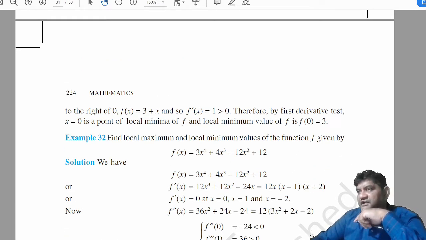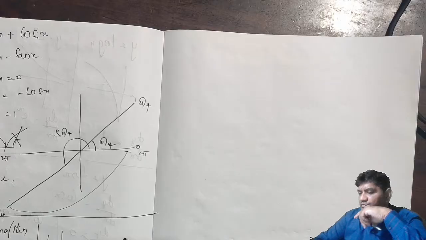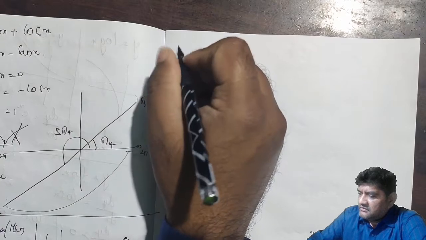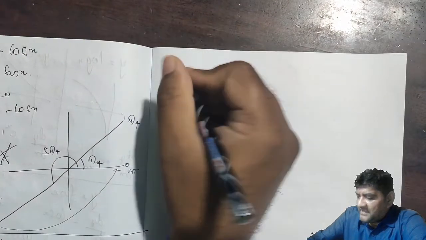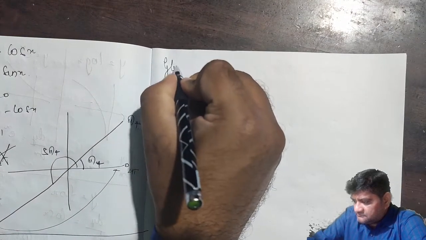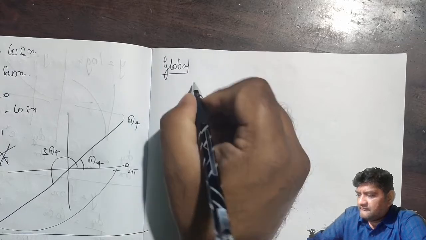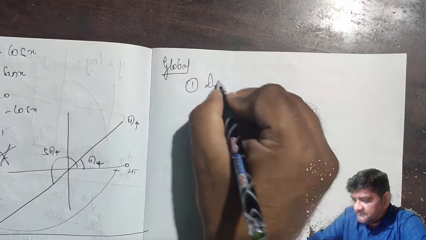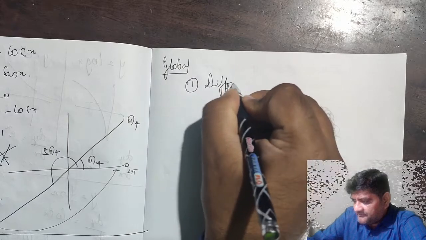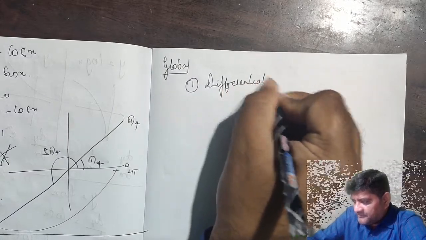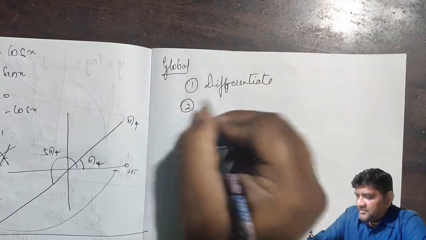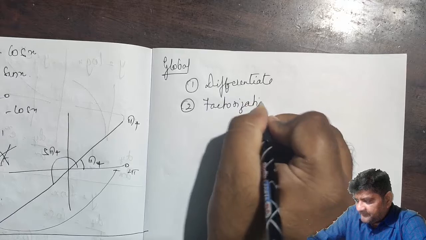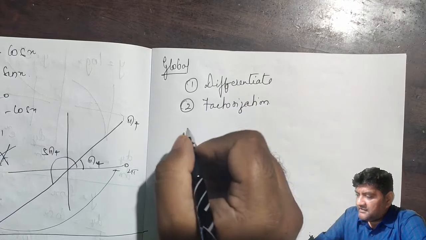We'll pick up question 32 itself. Let me give you the working rule for finding the global maximum. First step is differentiation, of course, so you differentiate the curve. Second step is factorization of the differentiated equation.